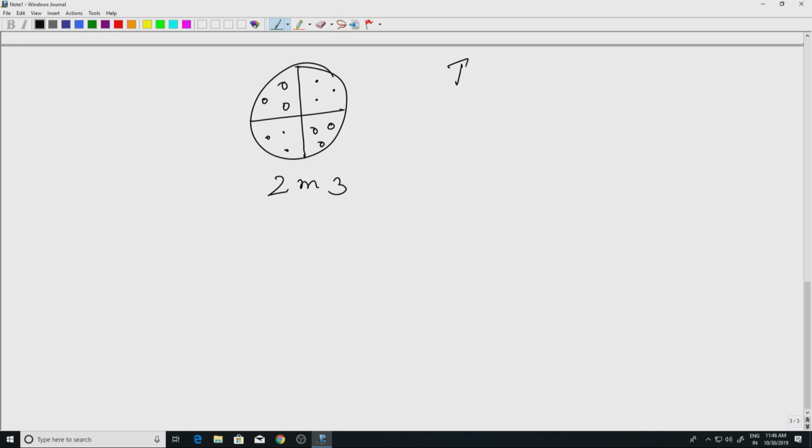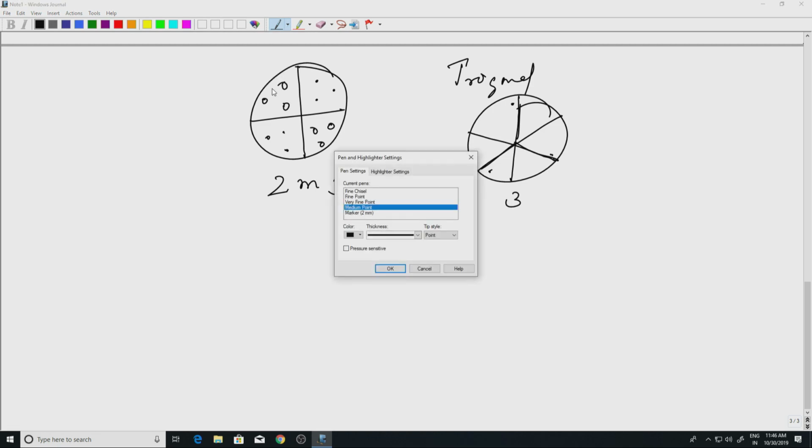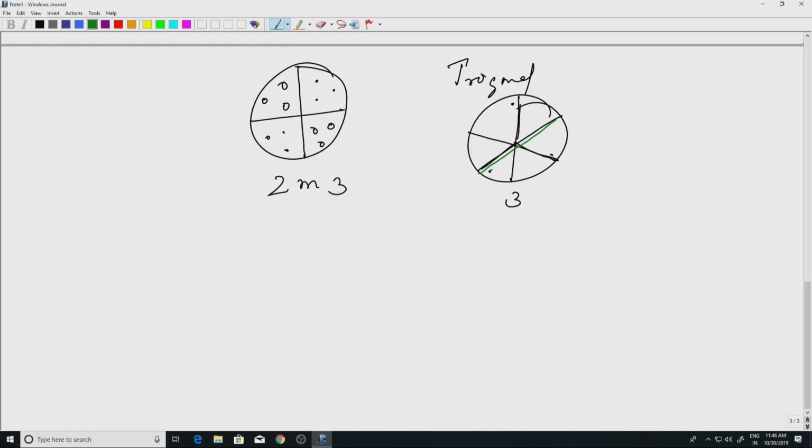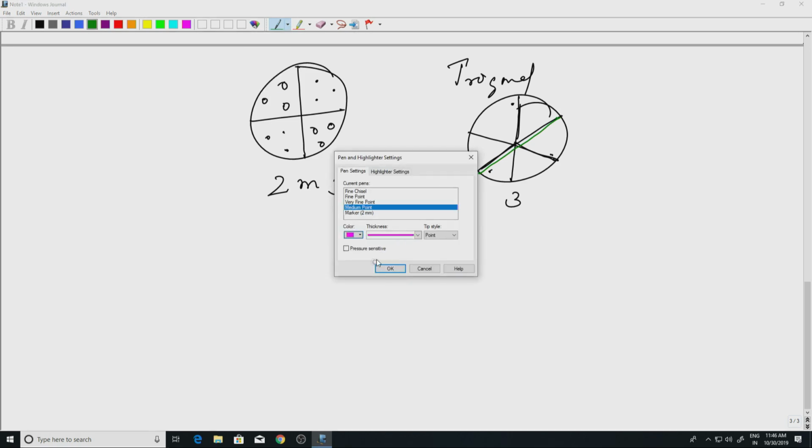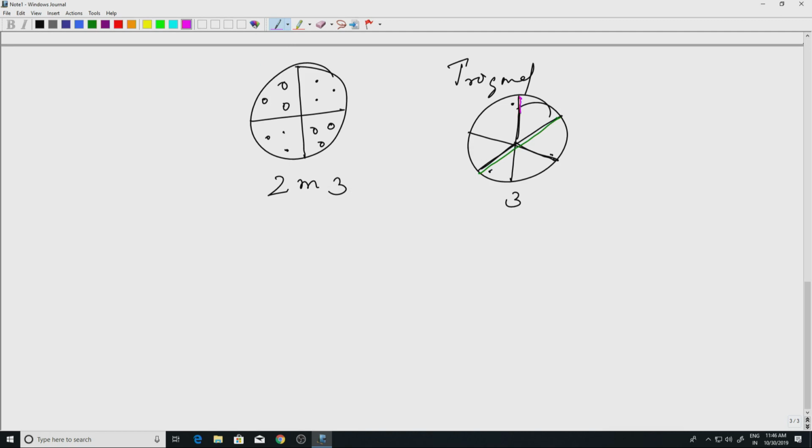In trigonal, this is 3. Then the mirror is coming here or here or here. That is to say, this is a mirror. This is a mirror.